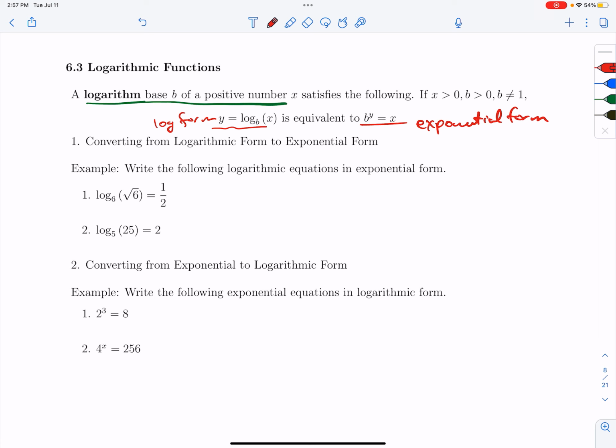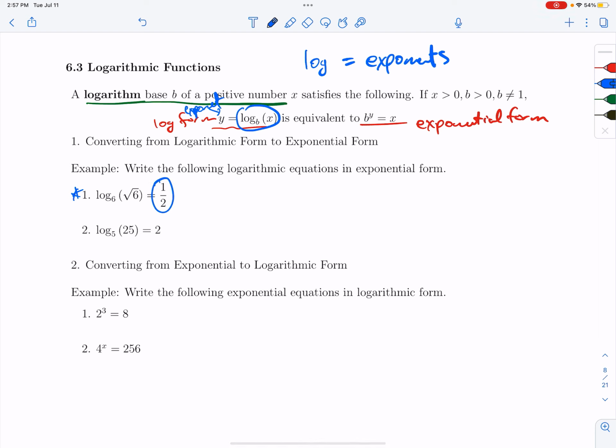So what I always tell students is that logs equal exponents. Okay, so if I have a log like here, this y is what that's equal to, and that is the exponent. On this first example, log base 6 of square root 6 is equal to 1/2.